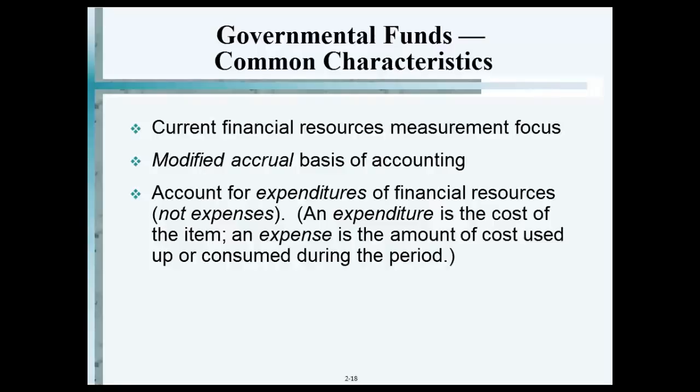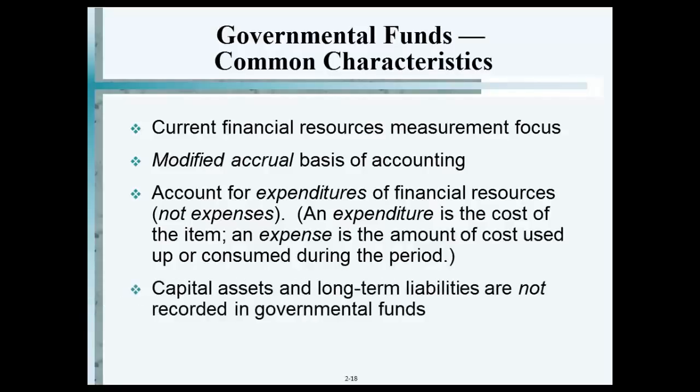Even though the liability is there, you can skip 3 months of interest accrual on your books because you're using the flow of financial resources. That's the difference between modified and full accrual. Again, we'll talk more about this later on, but I wanted to explain to you how that works here.